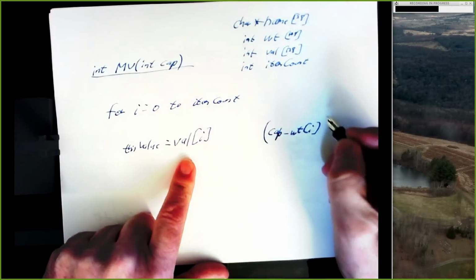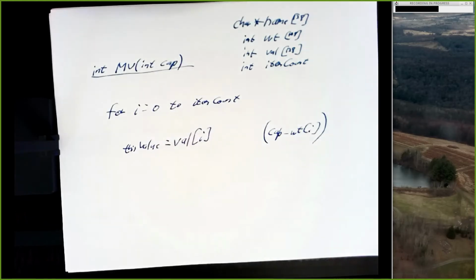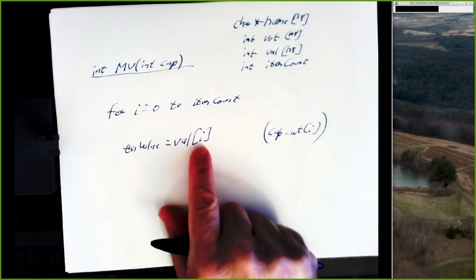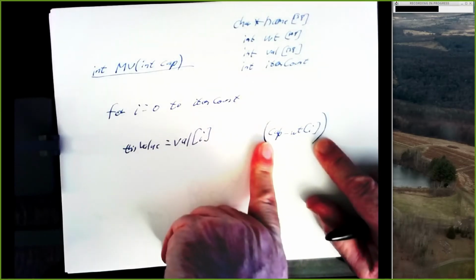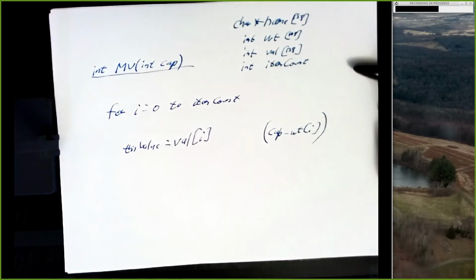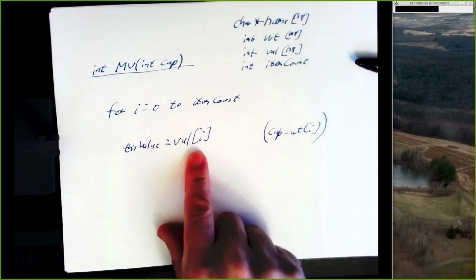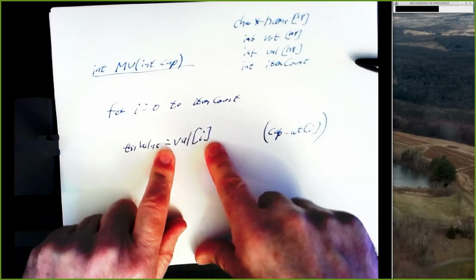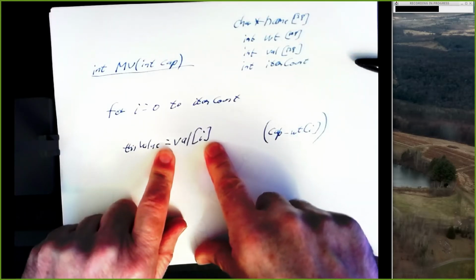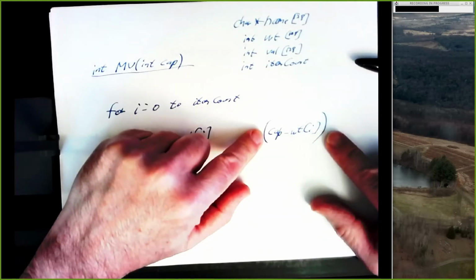This is how much stuff we can hold now in the bag. Right, we got item I, which weighs this much, and now we've got this much extra space in the bag. So if I put item I into my bag, 2 things happen. 1, I get this much value. I have something in my bag that's worth this much. And 2, I have this much space left in the bag.